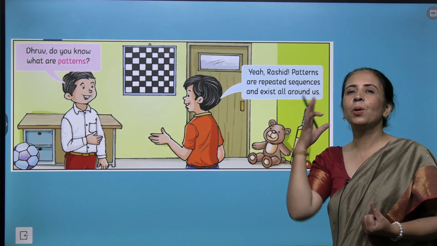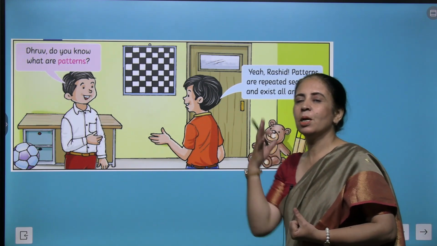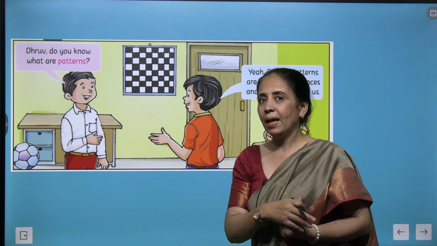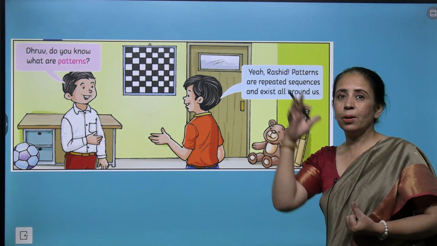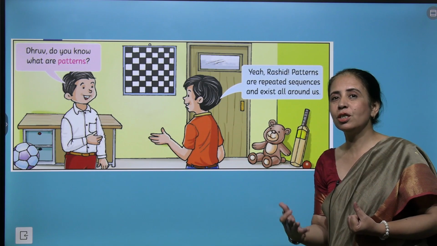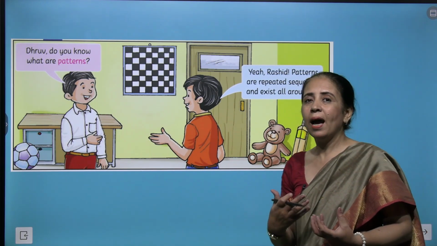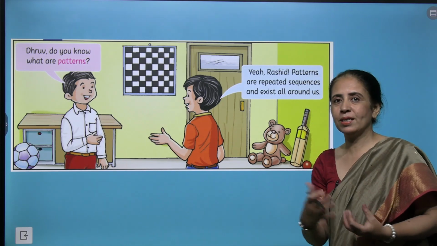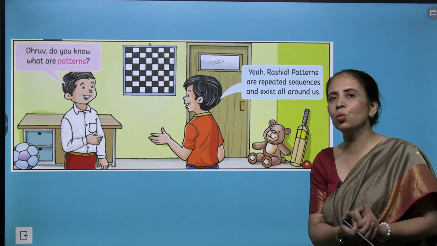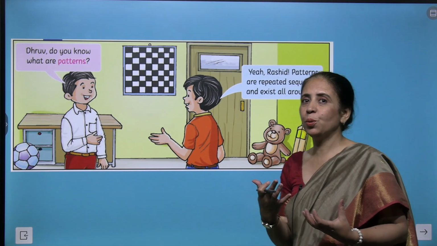Yes, there could be certain patterns which are man-made, like a pattern on the grill, a pattern on a shirt, a pattern on a trouser, and there could be a pattern on the sari, a dupatta, a suit, anywhere around you, right?